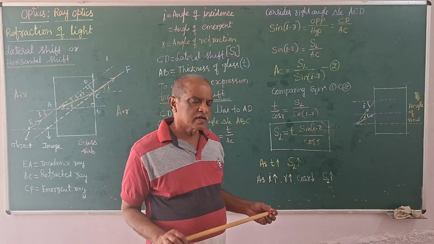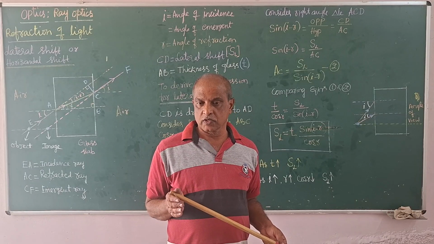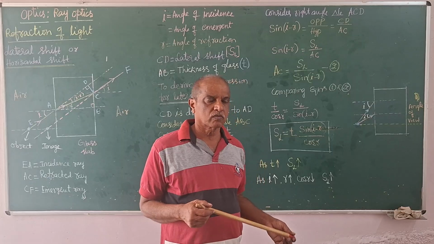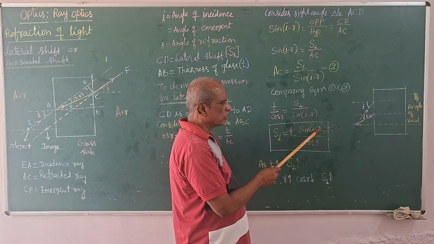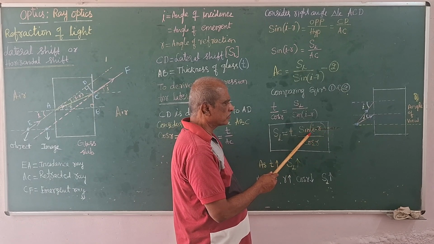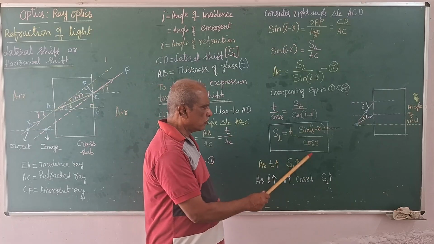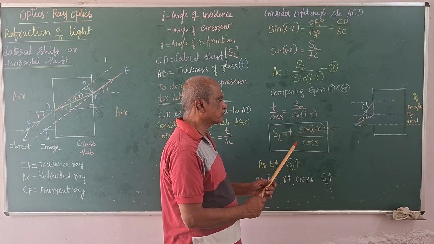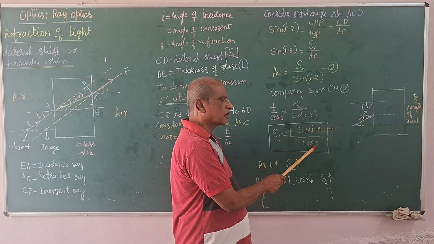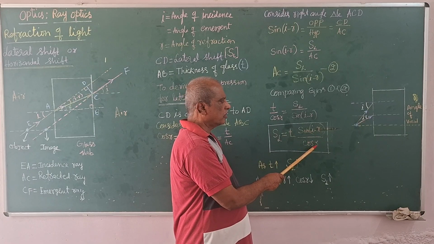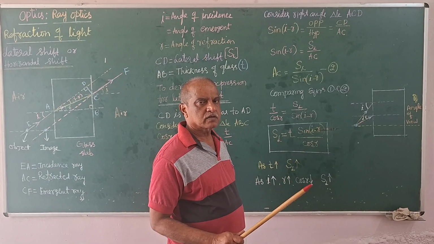How does this function work? As you know, as i increases, r also increases proportionately. Overall, the sine function remains almost constant approximately. What about cos r? As i increases, r also increases. If r increases, the cos function decreases.